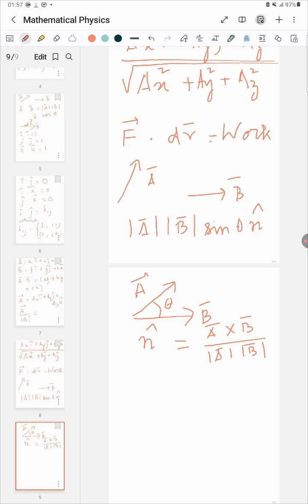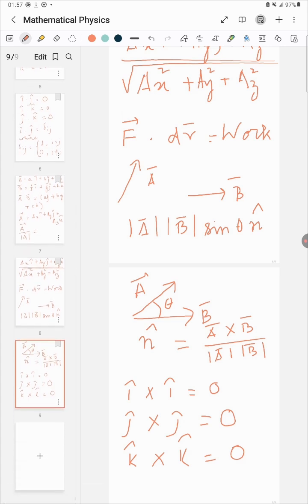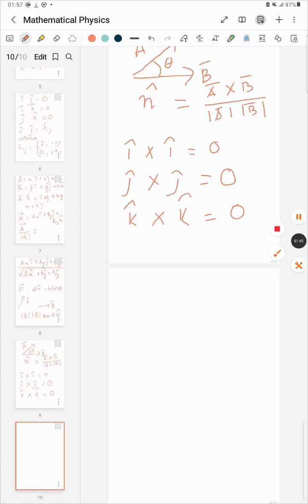Now coming to some of its properties: i cap cross i cap would be 0. j cap cross j cap would again be 0. k cap cross k cap would again be 0. So when do we get a 1? i cap cross j cap would give k cap.